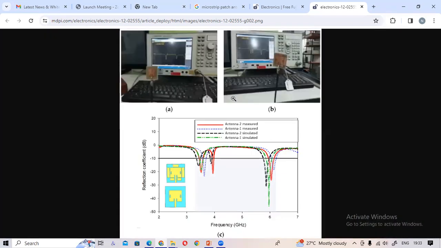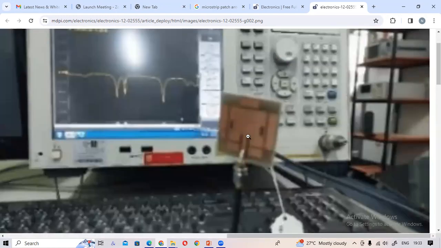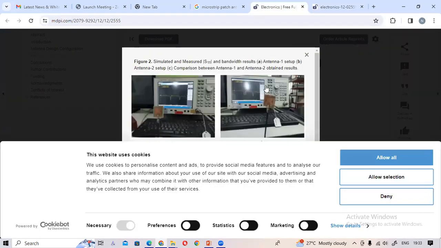I think I have done a small introduction for S parameters, as I can remember. Now you can see that this is the antenna and this is the feed line, which is connected to the signal generator.